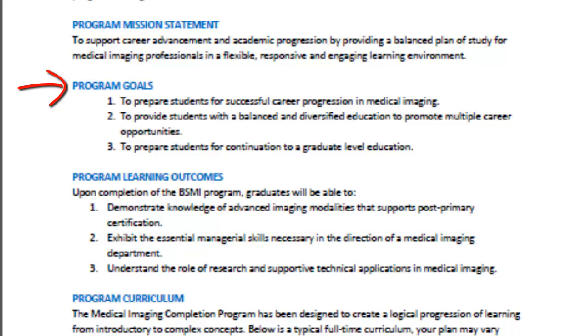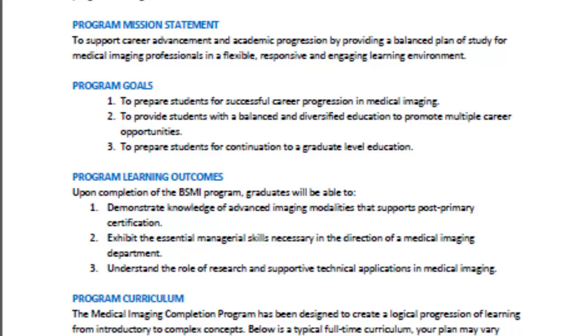Program goals, this is basically saying what we want to accomplish with a student by the time that they're done. And the first one is to prepare students for a successful career progression in medical imaging. And that can be in many different ways, many different paths, whether it's advanced imaging such as CT or MRI. Maybe for you, successful career progression is going on into education or going on into medical imaging informatics or in some other direction.